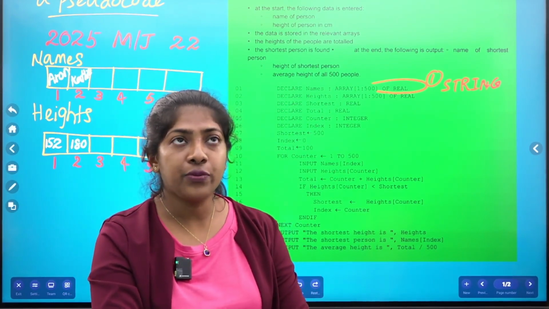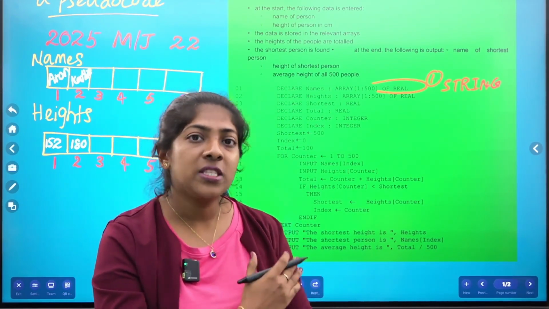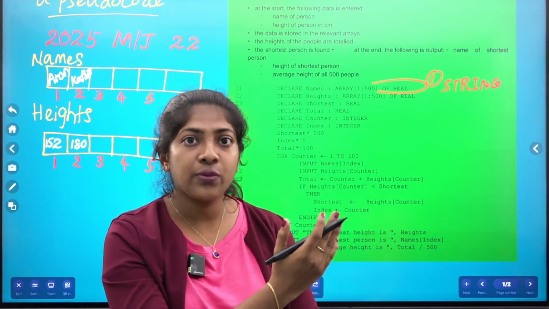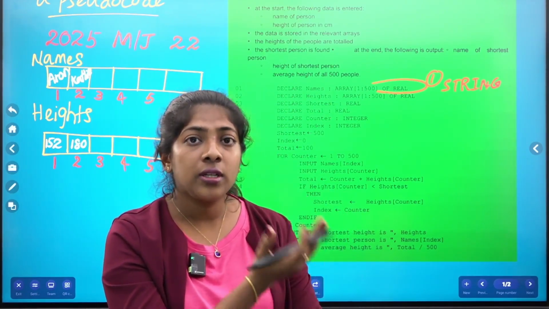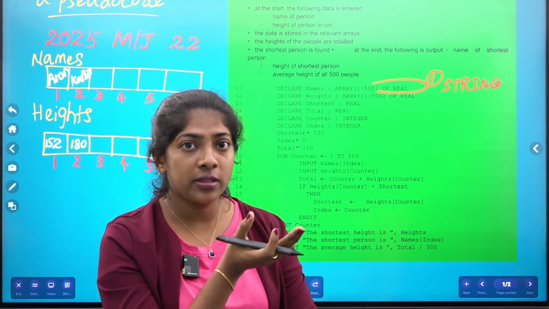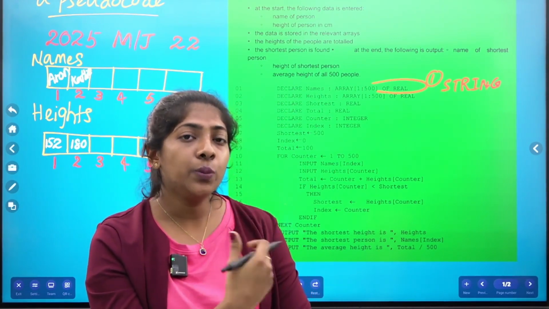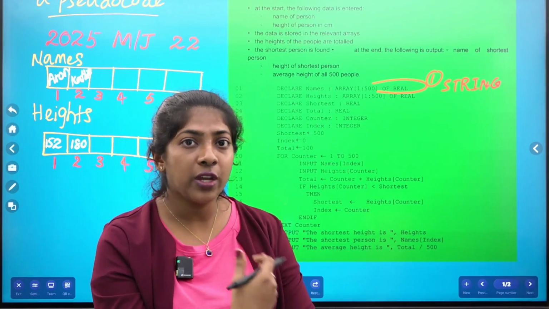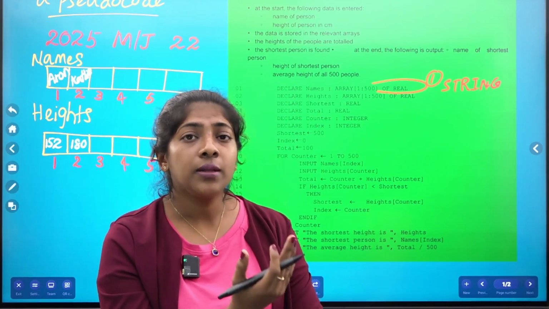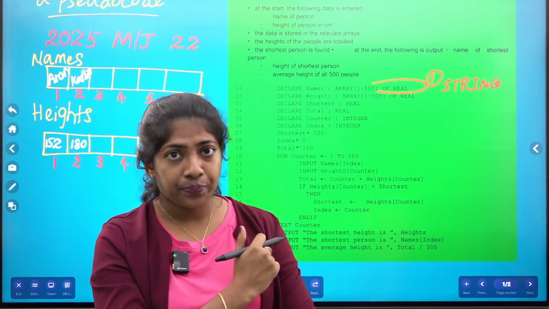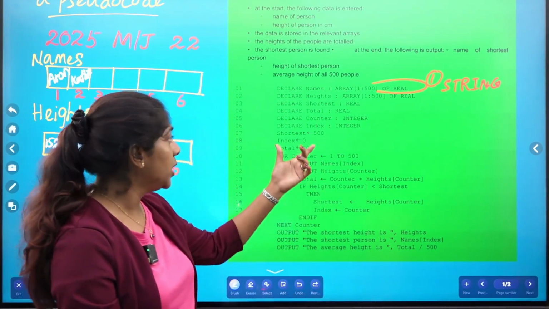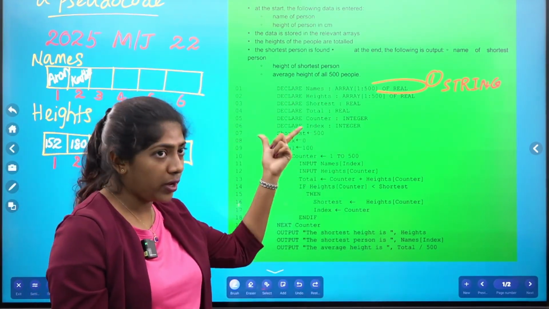For example, if we are talking about marks, the maximum possible value is 100, so we initialize the lowest value to 100. Then by looping through, we can find out the lowest value. That is why we have initialized this to 500.